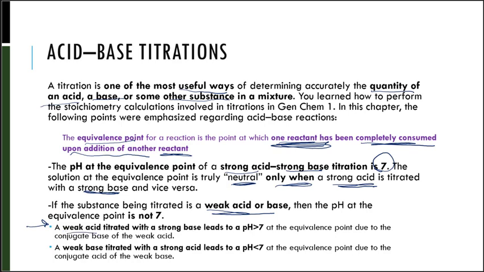When we have a weak acid titrated with a strong base, our pH at the equivalence point will be greater than 7. A weak base titrated with a strong acid will give us a pH less than 7. So when I have a strong base, I will have a greater pH. The strong acid, I'll have a smaller pH.